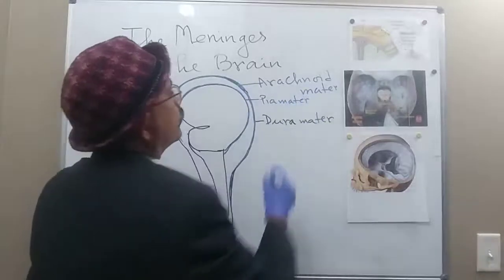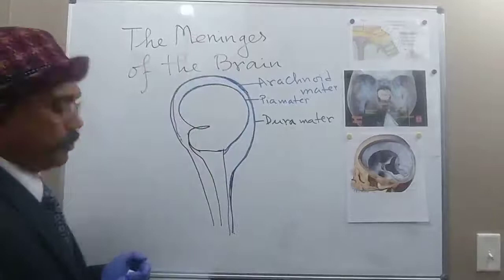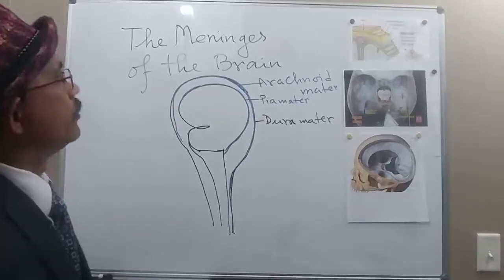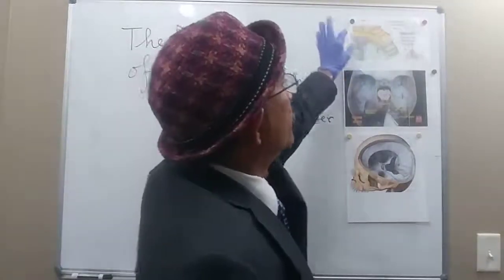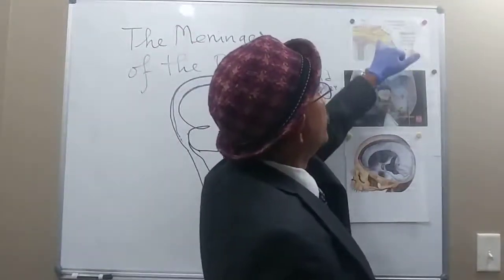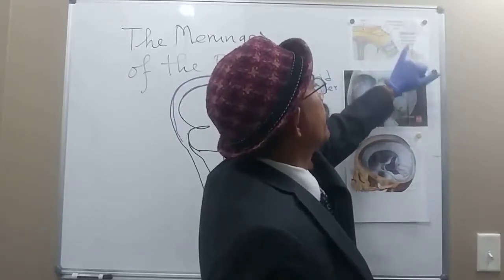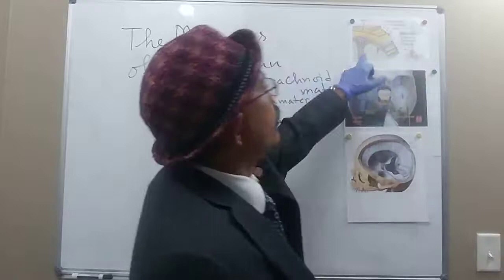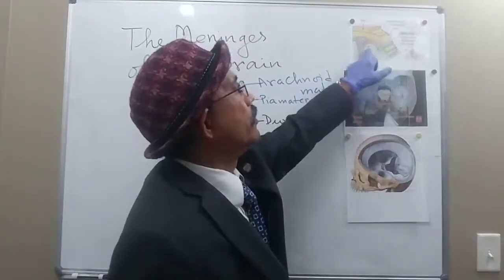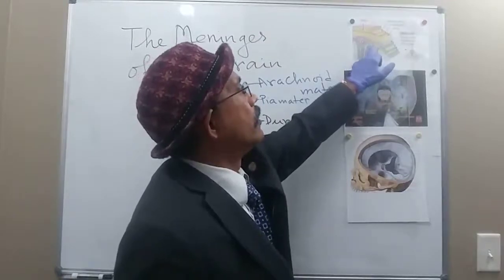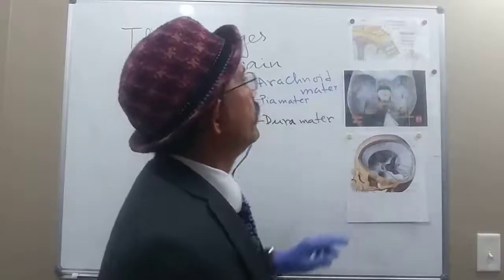Okay, we got the dura mater, arachnoid mater, and pia mater. If you look at one of the figures, we have the scalp, then the skull bone, then the dura mater, then arachnoid mater, then the pia mater. This is the cortex of the brain, the gray matter, and this is the white matter of the brain.